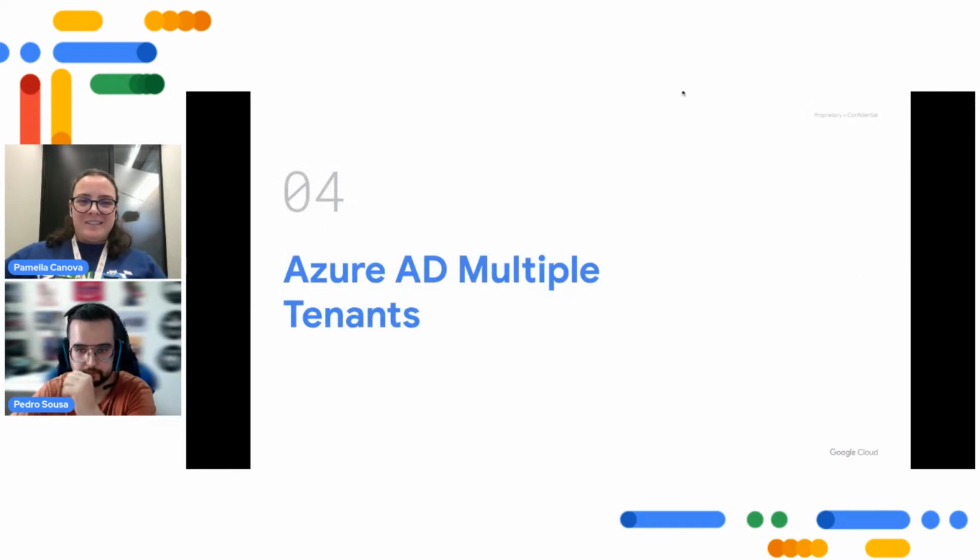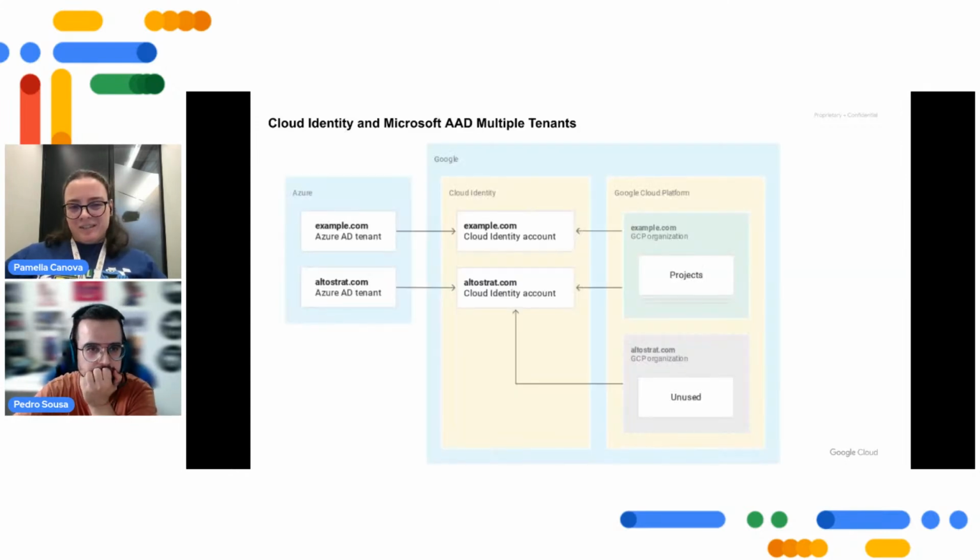And now we're going to talk a little bit about the multiple tenants that we can have. Different scenarios when you have different domains inside Azure Active Directory, and if you want to sync all of them. This is the first example.